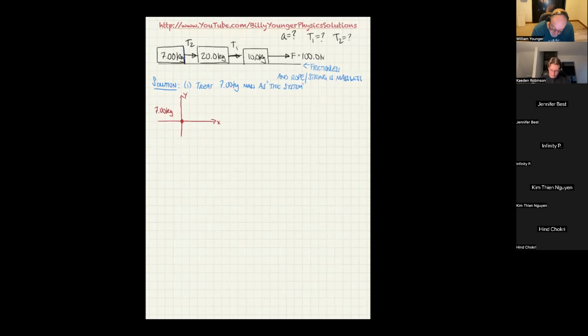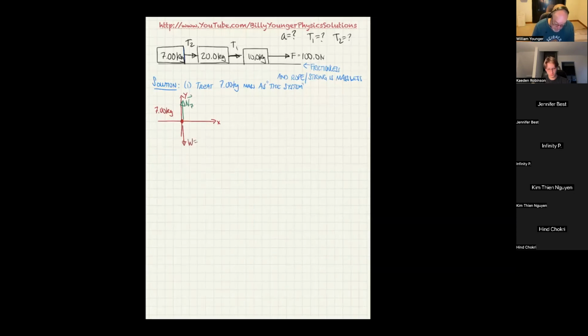The forces acting on this are, let's say, in the upwards direction is a green normal force, which I'll call N sub 7. And then in the downward direction, there is a 7 times 9.8.